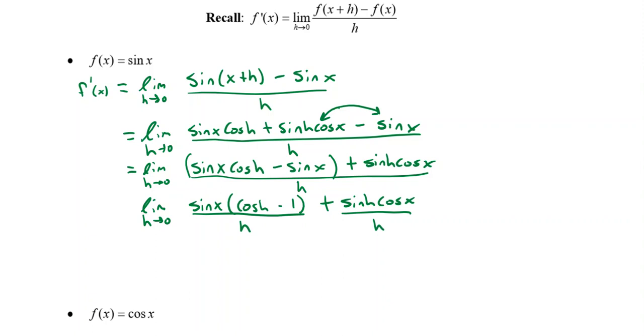Now, why did we do that? Well, it's really because of this part right here. Can you see it? What's that equal to? From the last lesson, cos x minus 1 over x, or in this case it's h, is equal to 0. So we can from this point just put it in.